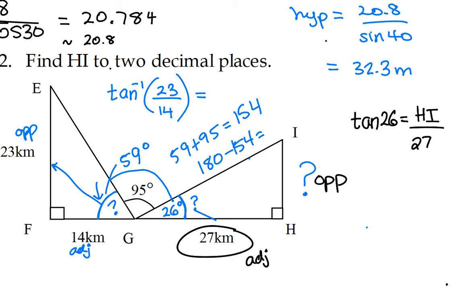You times 27 on both sides. I got 13.2. So HI is 13.2. Use regular tan for solving for sides. Everyone's good on the notes?